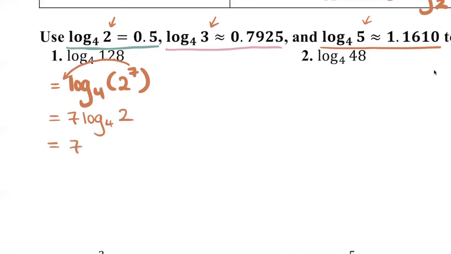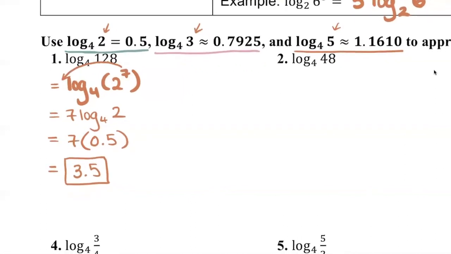And from what they give us, log base 4 of 2 is 0.5 right here. So if I multiply that, I get 3.5 as my final answer. All right. So your job is basically to re-express the original problem into a log base 4 of 2, 3, or 5. Use the properties and then simplify.